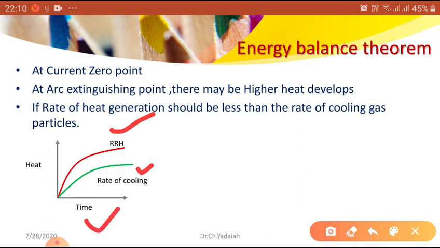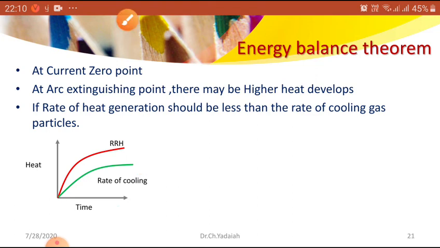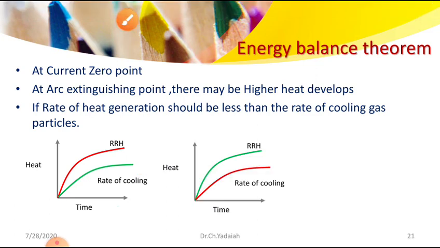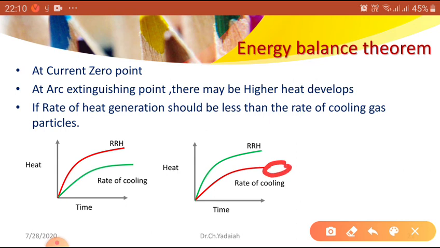But in the next case, what is happening? This is the rate of rise. This value comes down to here, this much only. So the green value increases. That means the cooling you are doing is greater than the heat produced.